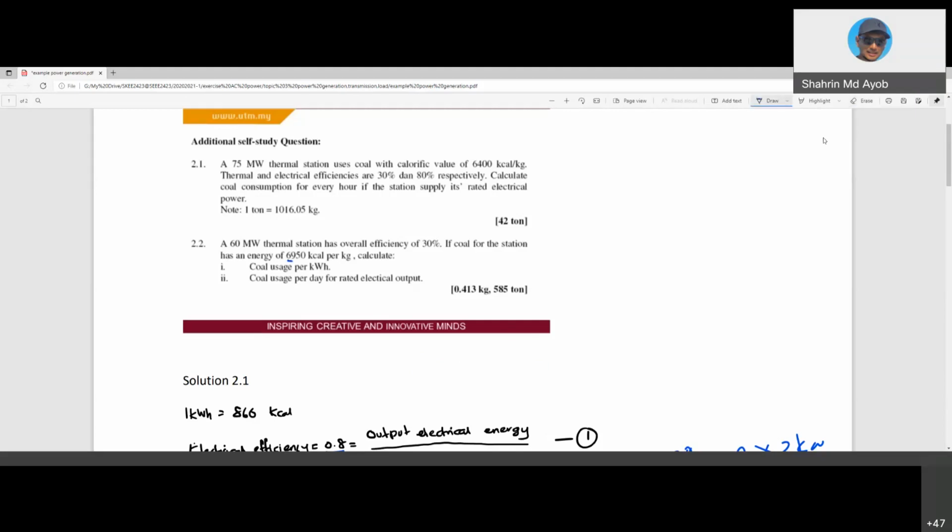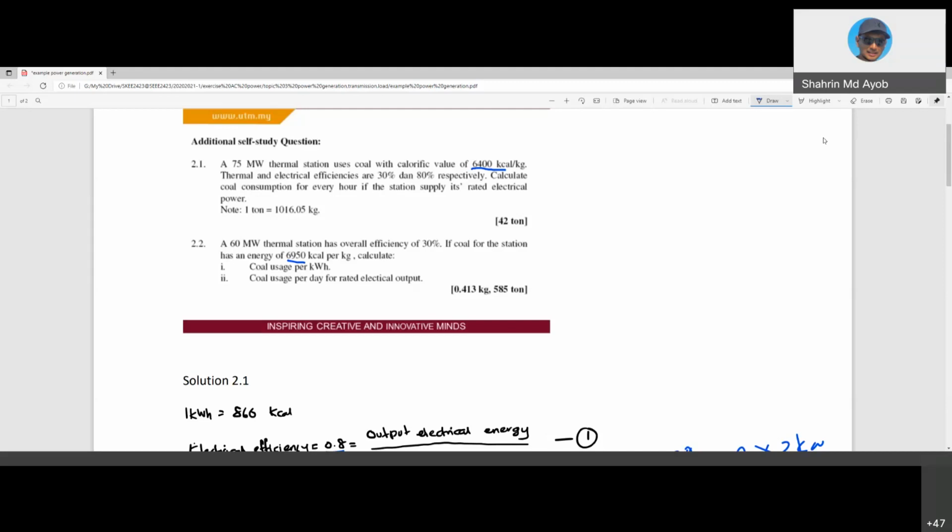These values depend on the station. As you can see, this station is able to produce only 6,400 calorie per kilogram, and this station is able to produce 6,950.